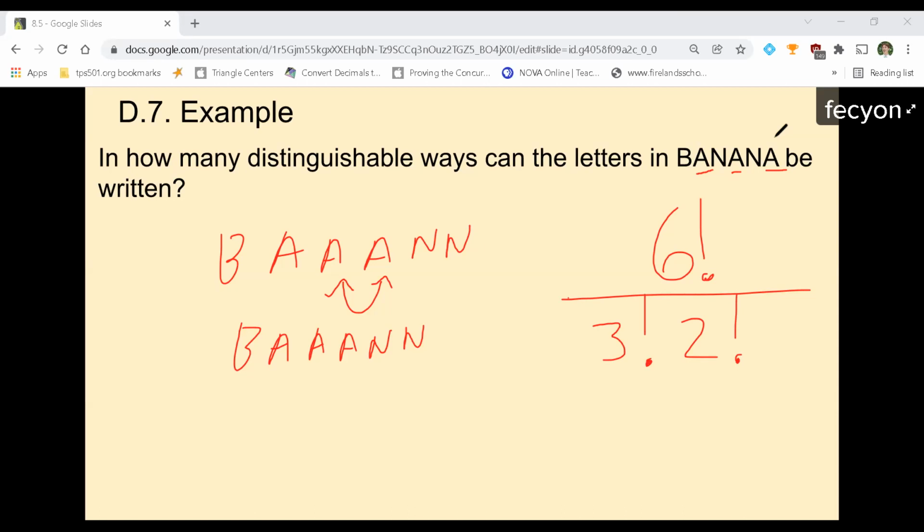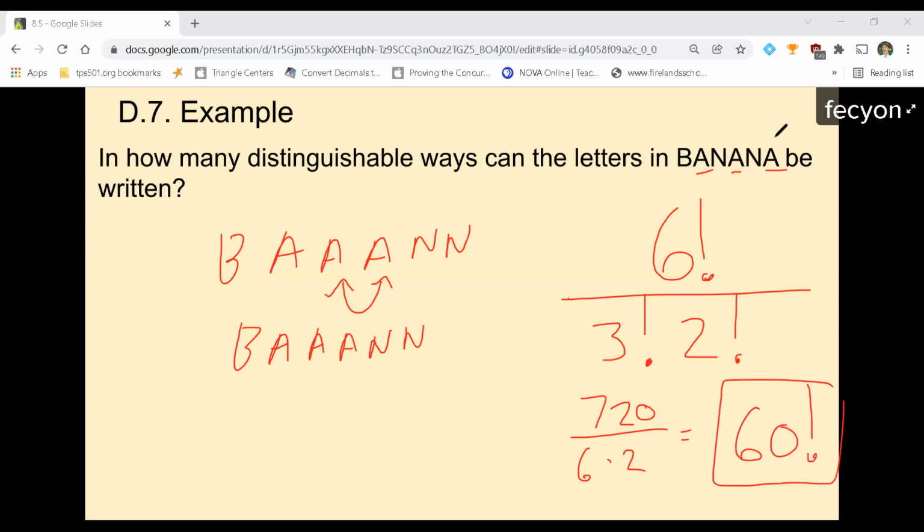And then calculator. What is 6 factorial divided by 3 factorial times 2 factorial? Well, 6 factorial is 720 divided by 12 is 60. There are 60 different ways.